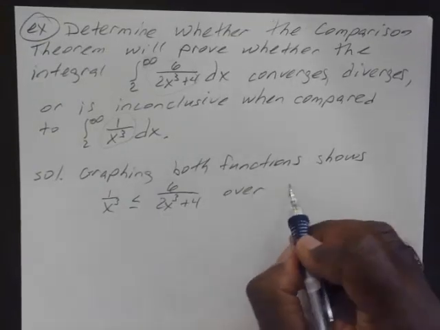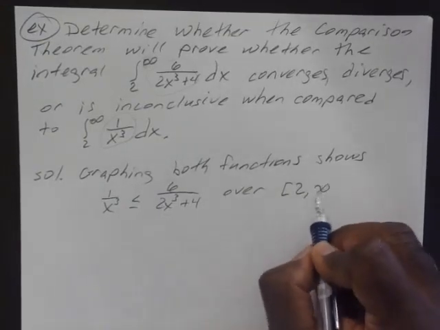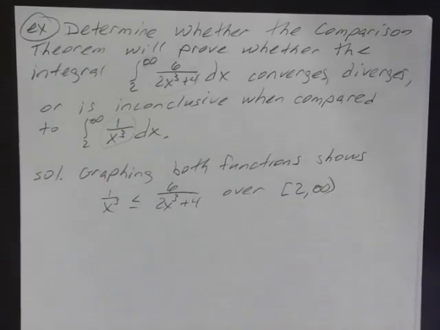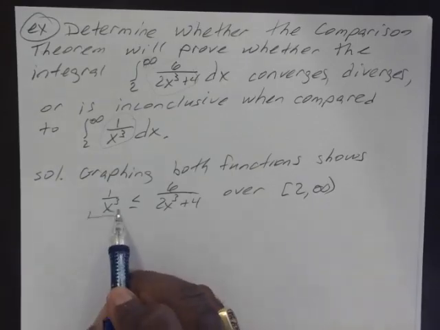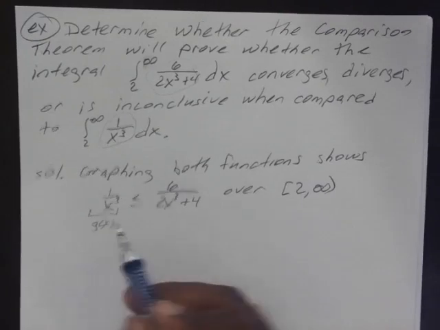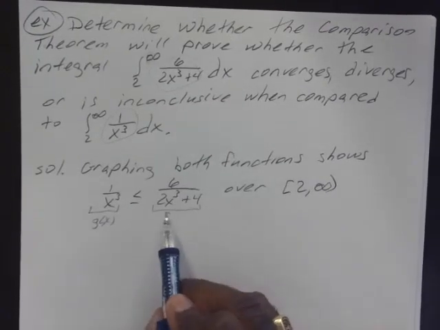And that's just over the interval from 2 to infinity. Before that, we do not care, at least for this particular problem. So in this case, your g of x is less than or equal to your f of x.